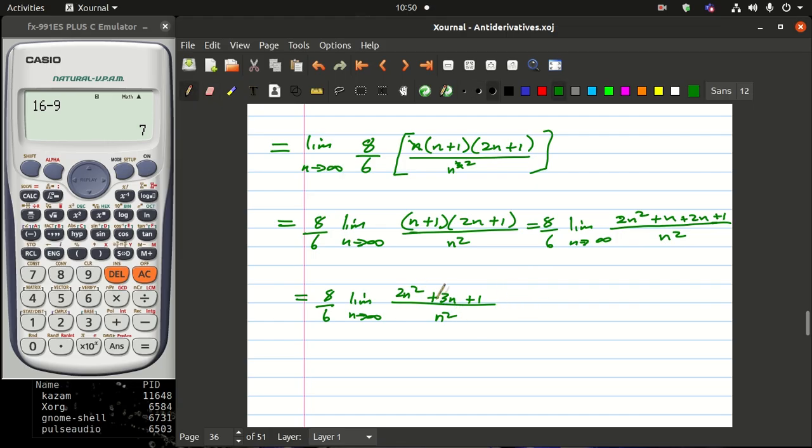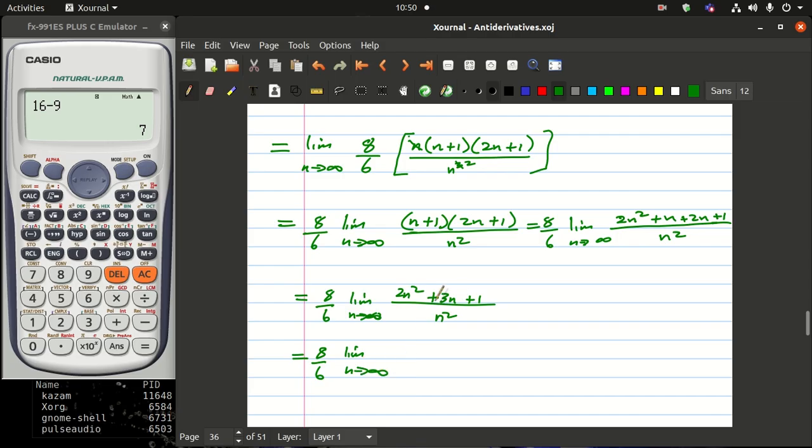Once you have this, the next thing I want you to realize is that this limit is going to positive infinity, so you can use L'Hopital's rule. There's no harm in doing that. You can use other methods, like dividing the whole thing by the highest power of the denominator. I don't care how you do it from here, but I hope you can see which method I'm going to choose here. I have a 6, and here I have a limit as n approaches infinity.